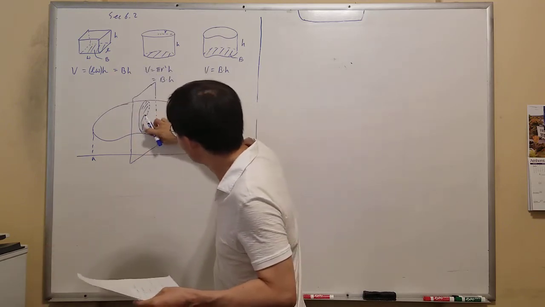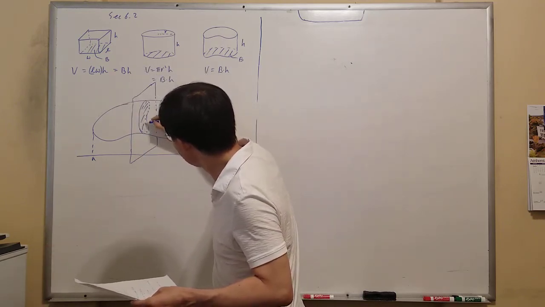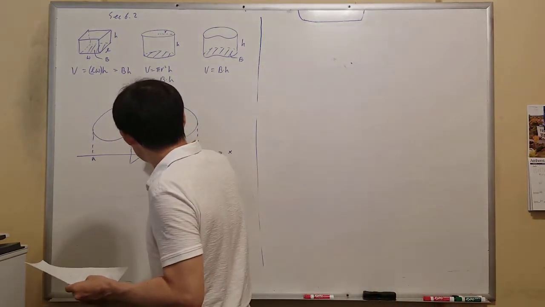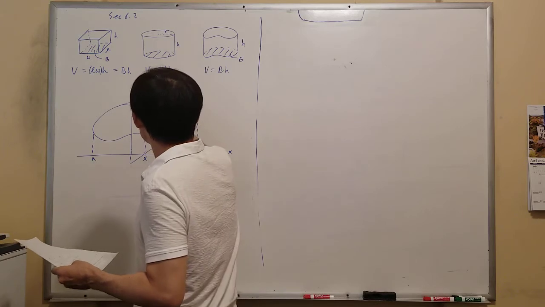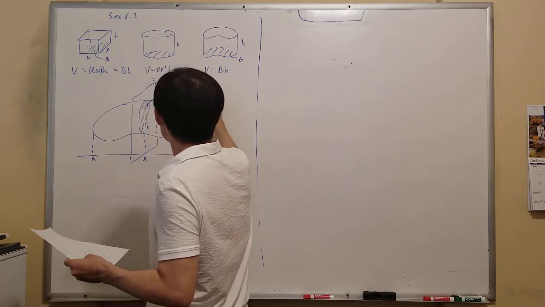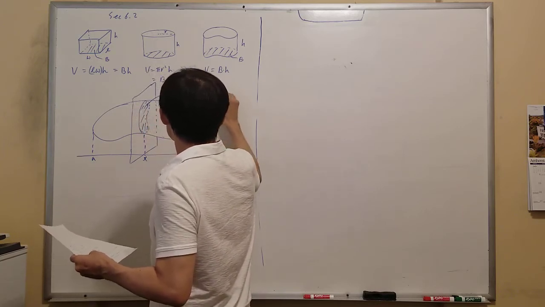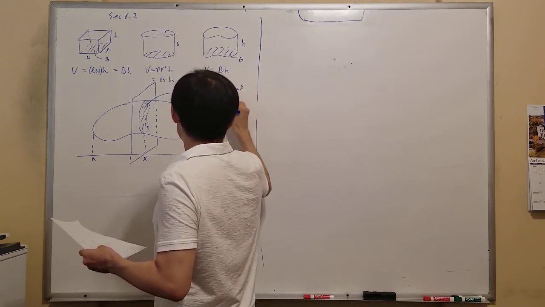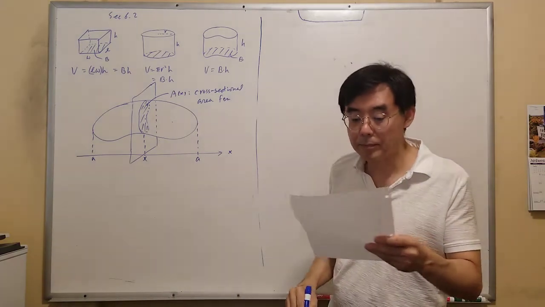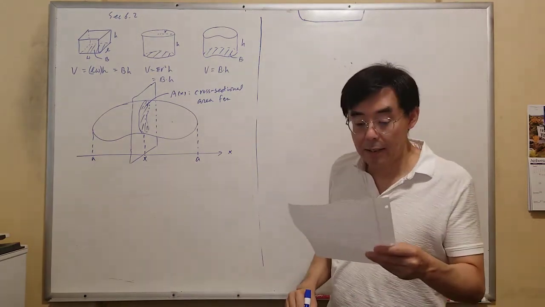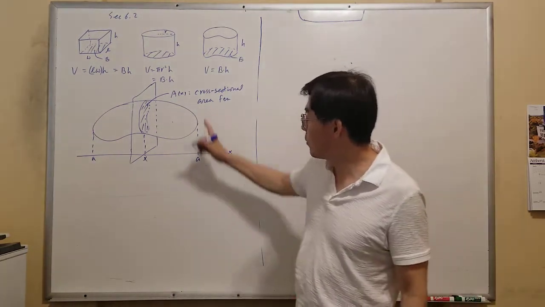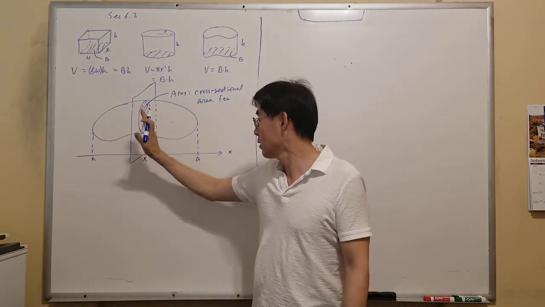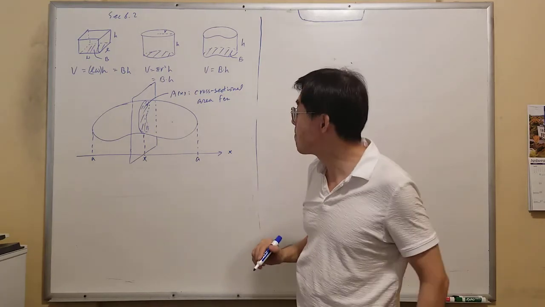Somehow, we can take a CT scan and find the cross-sectional area for any given x. This is the cross-sectional area function. Okay? If we know the cross-sectional area function for all x, cutting perpendicular to the x-axis through x, right?